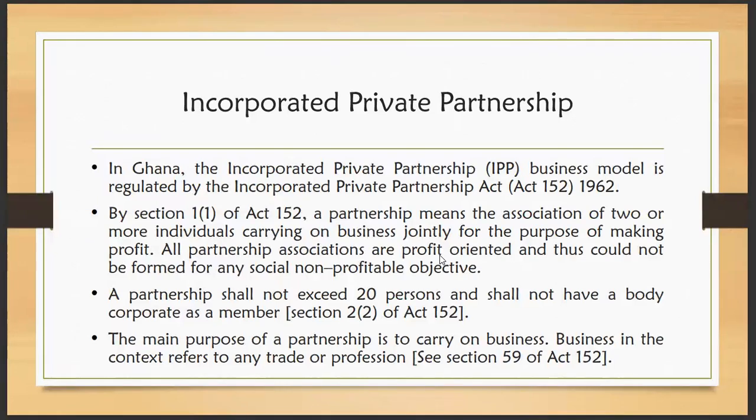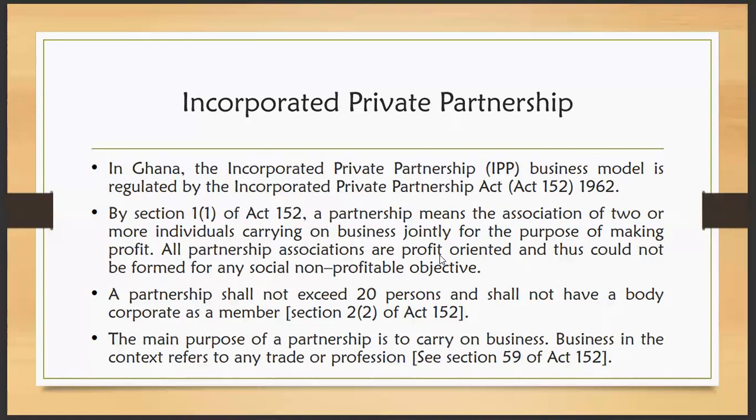Now let's move on to another model of business organization, what we call the incorporated private partnership. Let me say that in Ghana, anytime we are talking about partnership, we talk about incorporated private partnership. So let us keep that in mind.